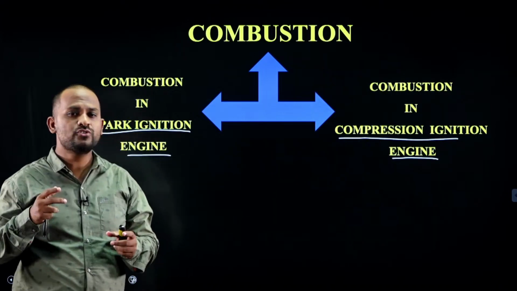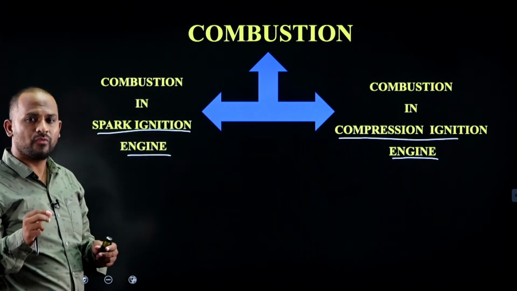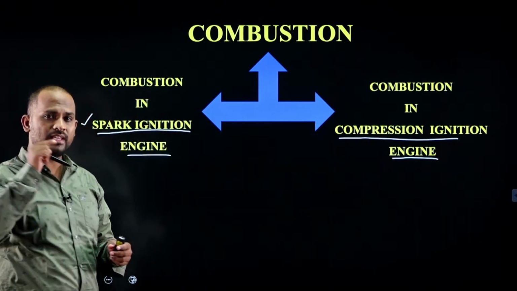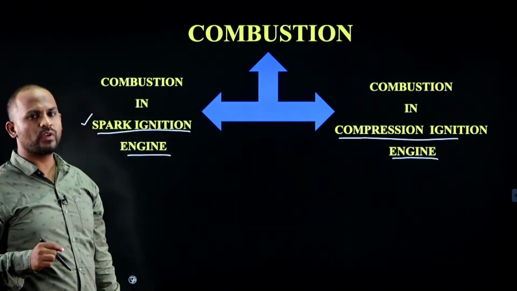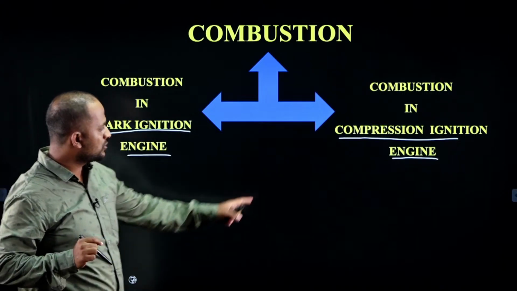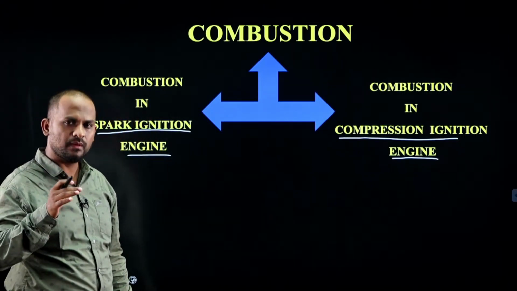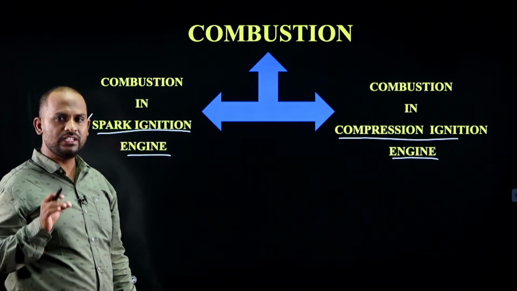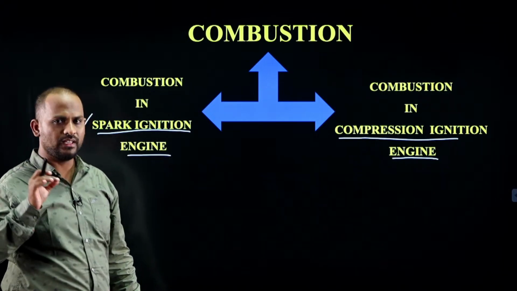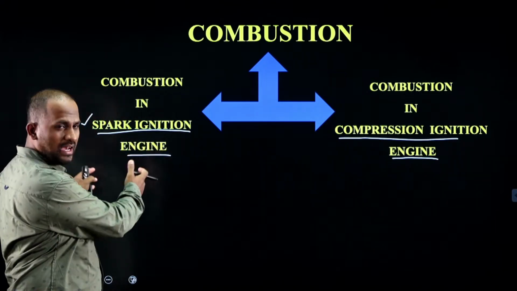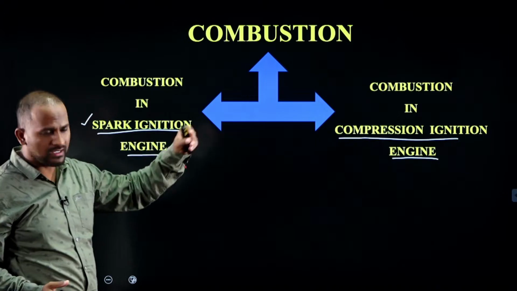That is, the combustion is initiated with the help of a spark plug in the case of the spark ignition engine. Whereas the compression ignition engine, that also we discussed in the last session. In the compression ignition engine, the combustion takes place because of the auto ignition of fuel and air.